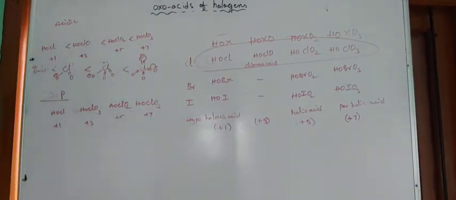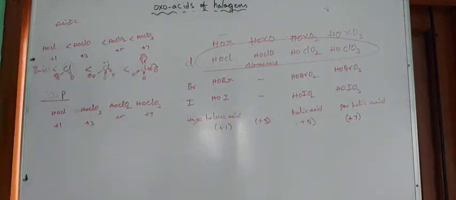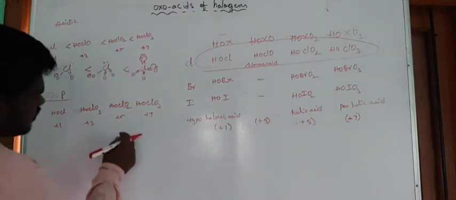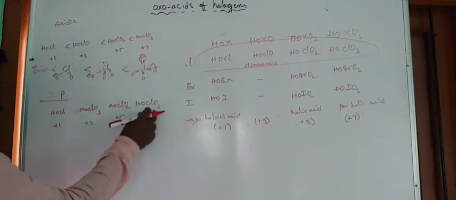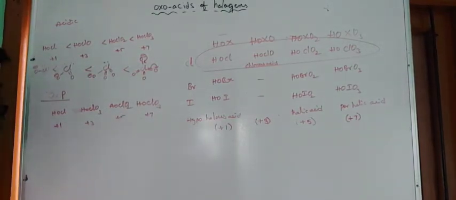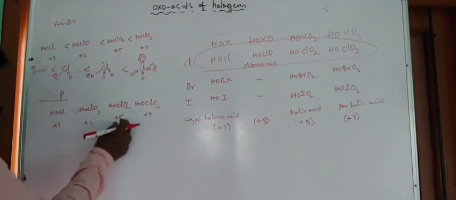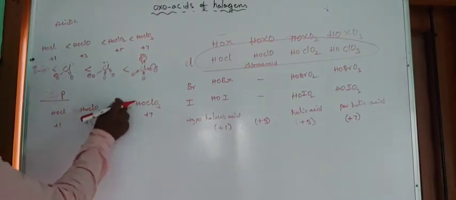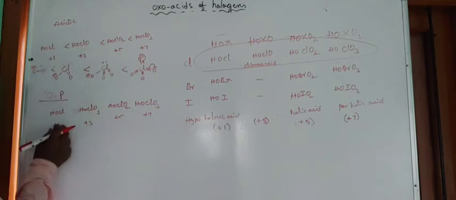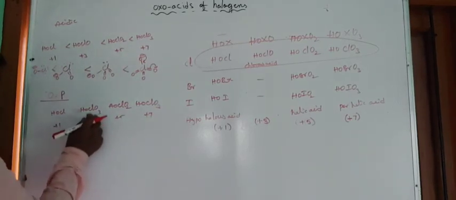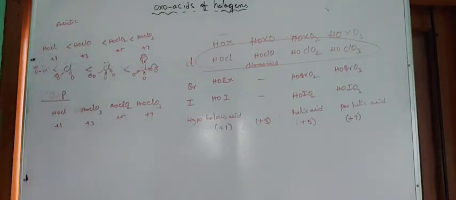Chlorine is more stable in the +7 oxidation state. Comparing +5 and +7, the +7 state is more stable for chlorine. Comparing +3 and +5, the +5 oxidation state is more stable. And comparing +1 and +3, the +3 oxidation state is more stable.